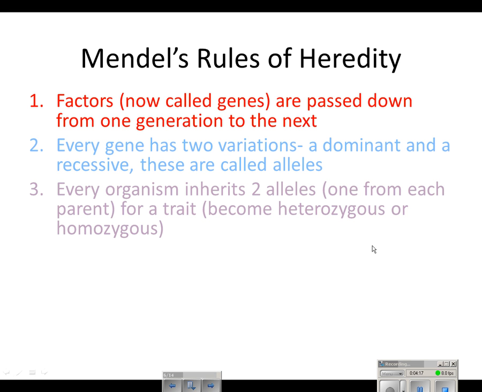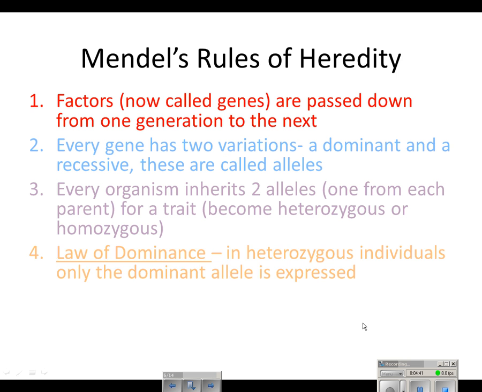Heterozygous being hybrid, having two different alleles where the dominant is going to show through and you won't see the recessive, or they're homozygous, which can be homozygous dominant and having the dominant trait, or homozygous recessive, which means they have both alleles for recessive. And we would only see the recessive if it's homozygous recessive.